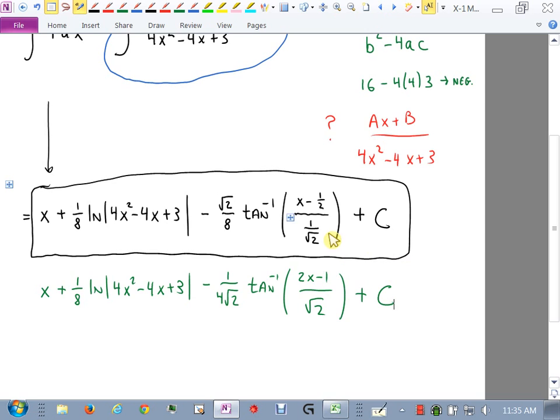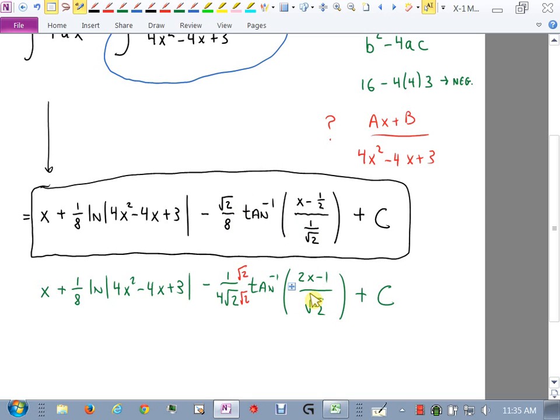So if you looked at this, you might think that you're wrong, perhaps, but this right here is this, right? All I'd have to do is multiply root 2 on the top and bottom here. If I did that, I would get root 2 times root 2, that's 2. 2 times 4 is 8, and then on top you'd have root 2. So those are the same.